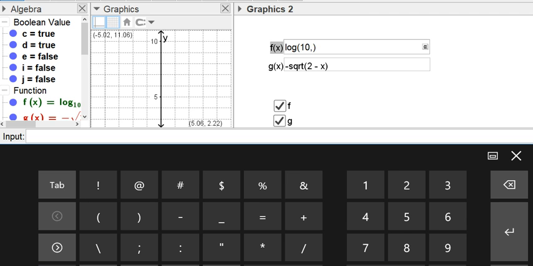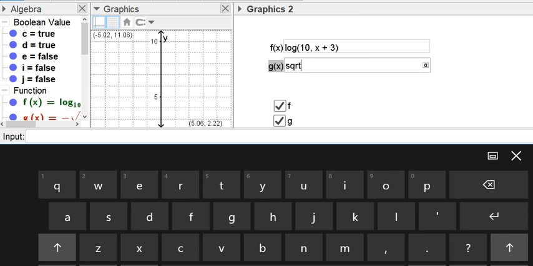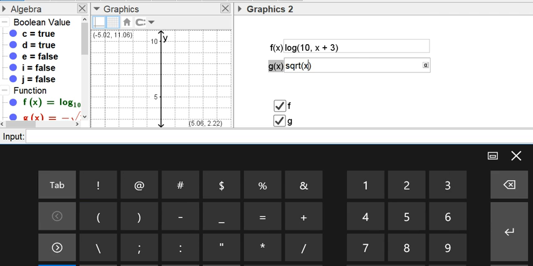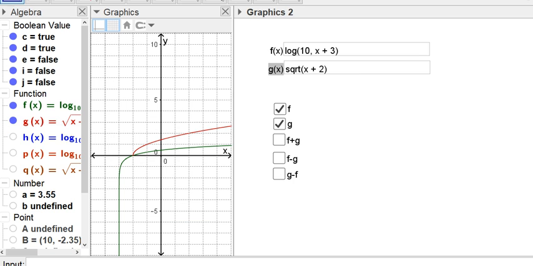Comma, x minus 3. And square root bracket x, what was it? Plus 2? Plus 2. Hope that's right. Oh, it was negative square root. Oh, jeez. Thank you.